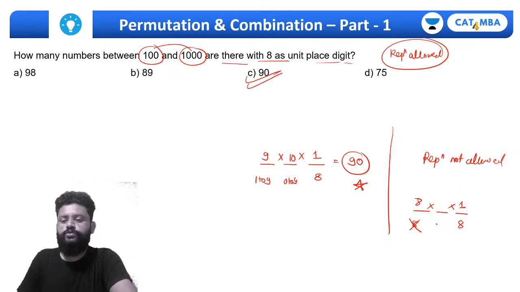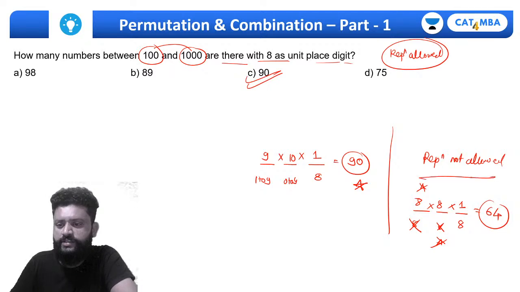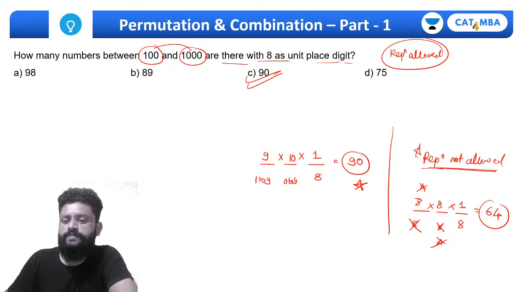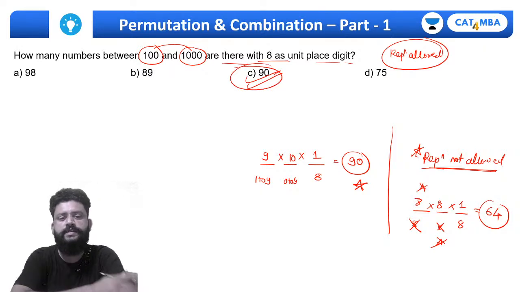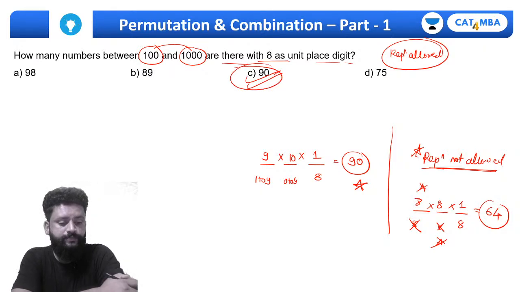Now we cannot use 8 nor the digit we used in the first place, so we'll have just 8 choices, and this answer will be 64 in case of repetition not allowed. I want you to understand this part, that's why I explain, otherwise this question is done. This was with repetition allowed.